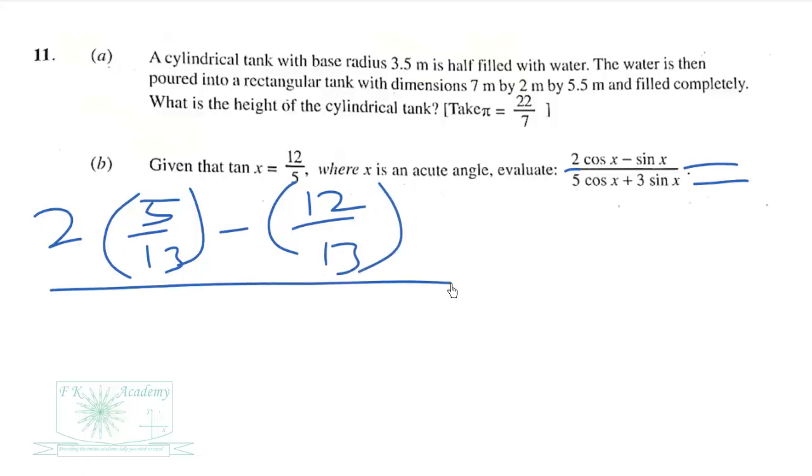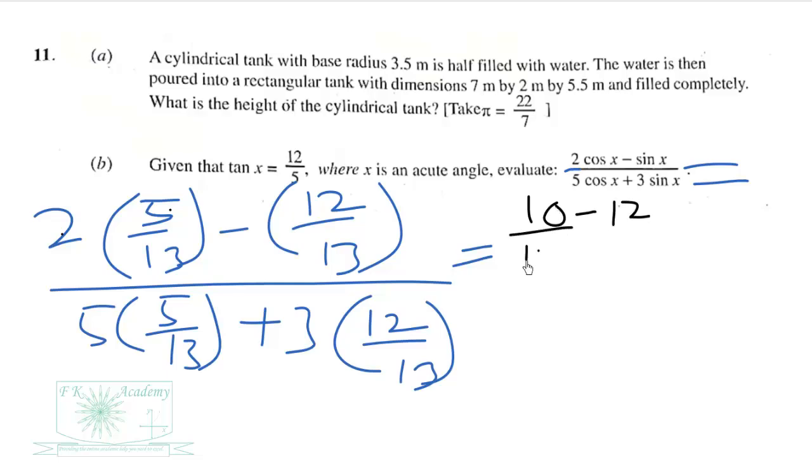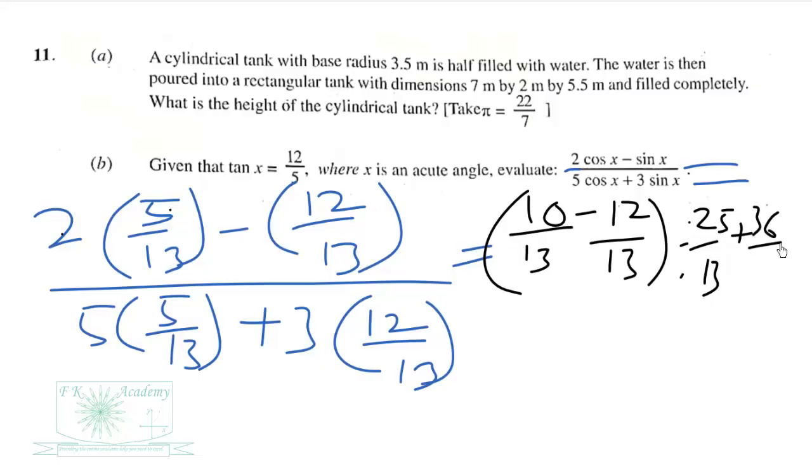All over, we have 5 cos x, 5 over 13, plus 3 sin x, 12 over 13. So this will be equal to 2 times 5 is 10 minus 12. So 10 over 13 minus 12 over 13, divided by 5 times 5 is 25 over 13, then plus 36 over 13.